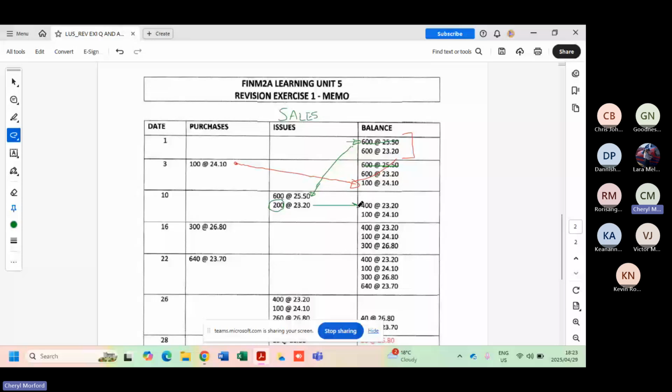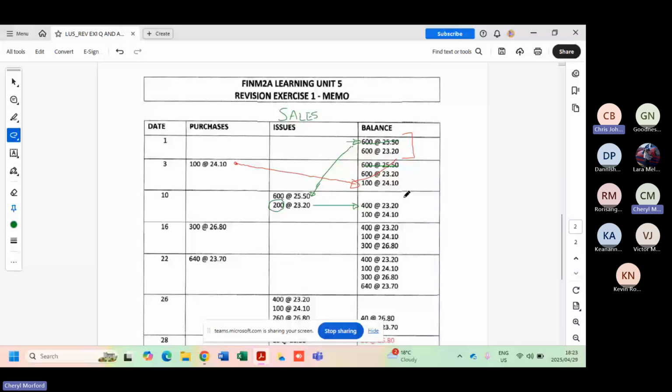The 400 at the 23.20. Do you see what I do here? On purpose, I write everything next to each other so that we can always account for the batch, and then you don't make a silly subtraction error. So that 400 is still there, as well as the 100 that was purchased on the 3rd.